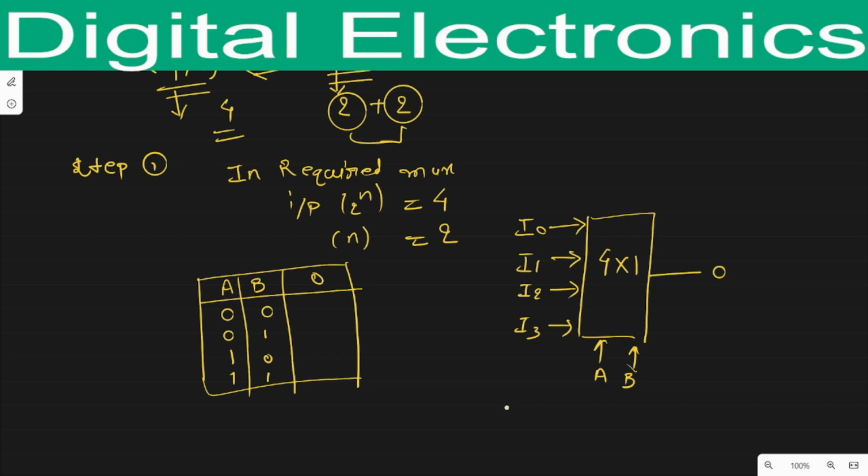Because we are taking selection line as AB, in the truth table I am considering AB as input. When AB equals 0, I0 will be transmitted towards the output. In the second case, we will get output as I1, in the third case I2, and in the fourth case I3. Is it clear to all of you?